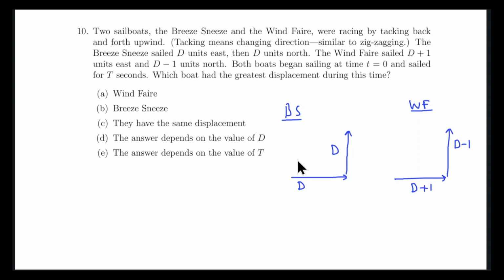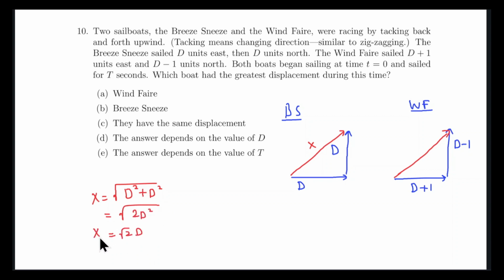So I think, isn't that just about finding or using the Pythagoras theorem to figure this out? So for BS, let's call it x. So x will be equal to square root of d square plus d square, which is equal to root of 2d square, which is equal to root 2 d. I don't think this has anything to do with the time, because had they been asking average velocity or something, then time is important. Otherwise, time is not needed.